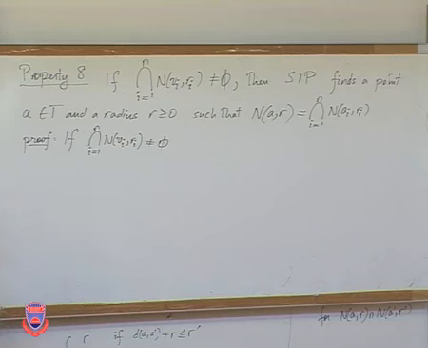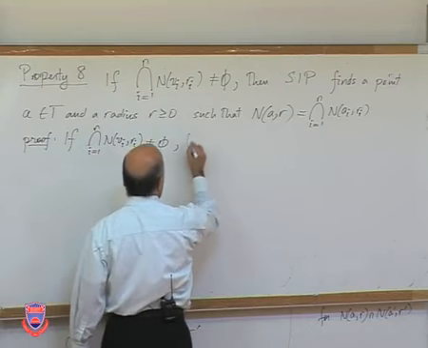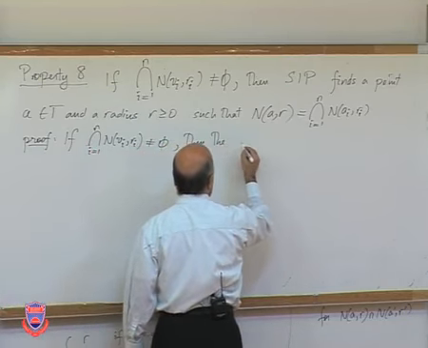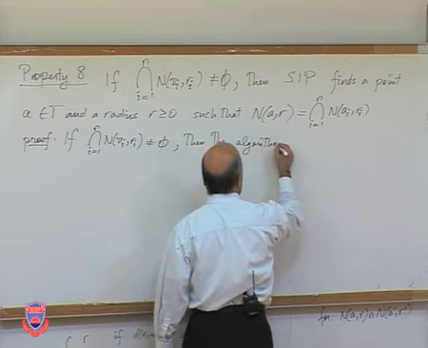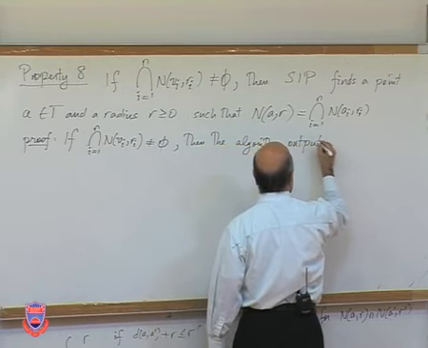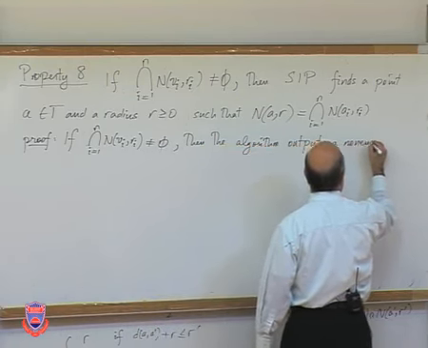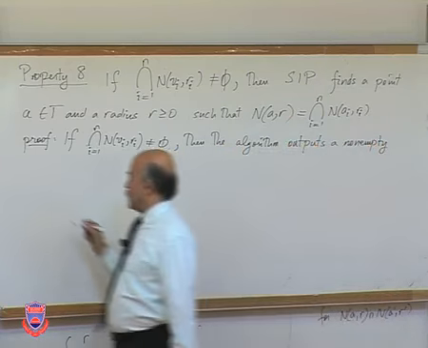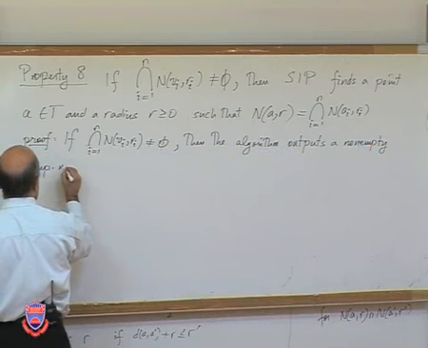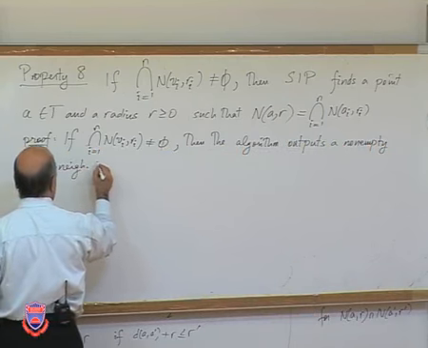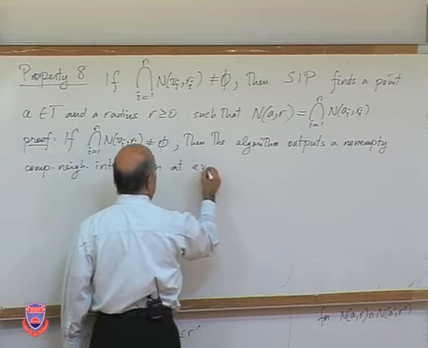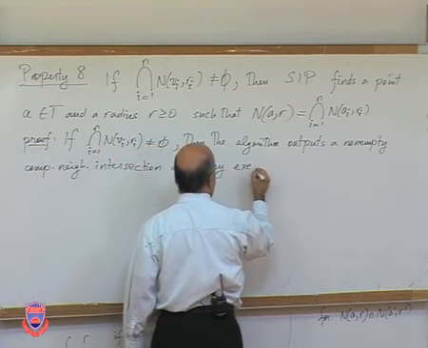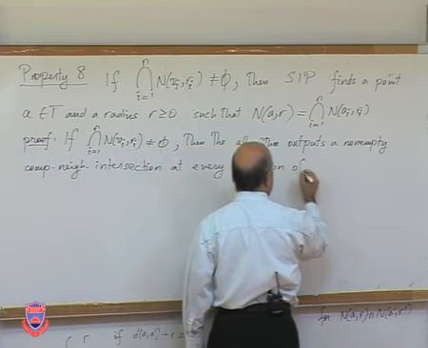So, if this entire intersection is non-empty, then the algorithm outputs a non-empty composite neighborhood intersection at every execution of the main step of the algorithm.